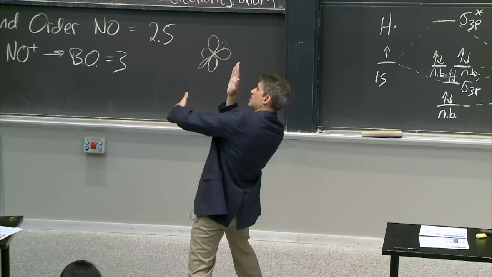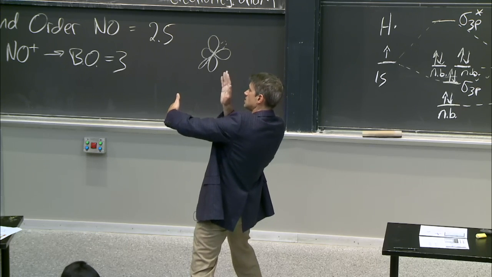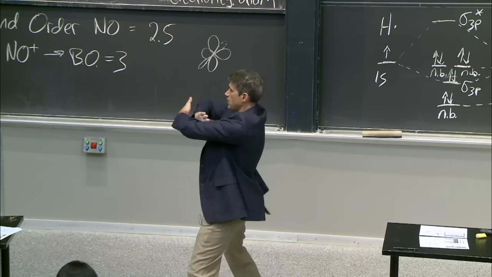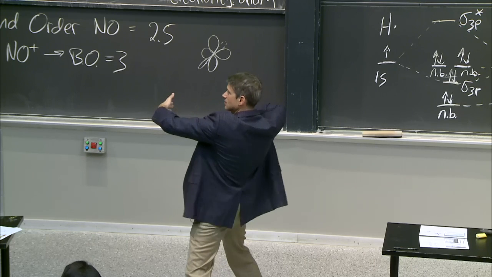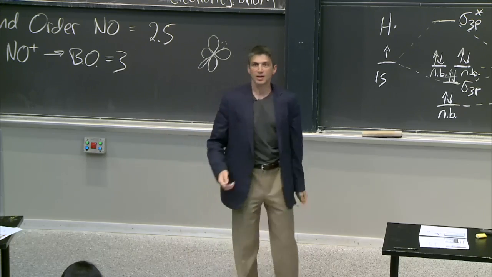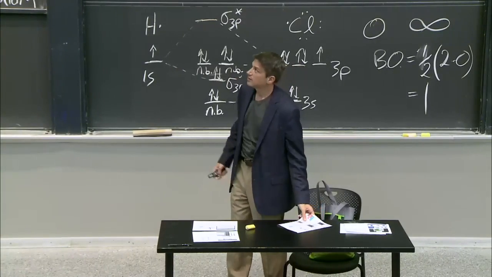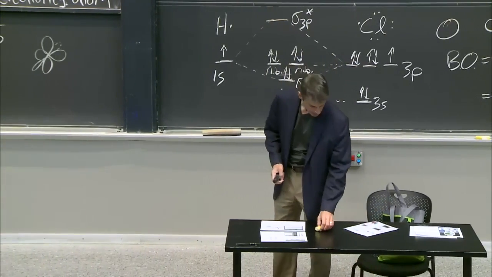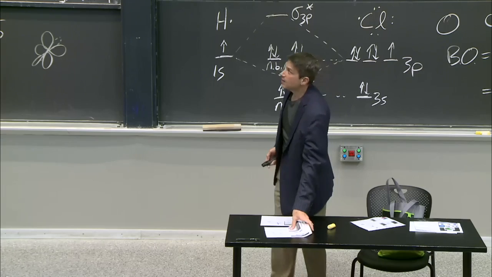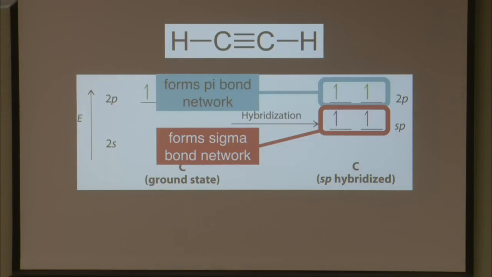And then the other atom has one like this and one like that, and when it sees those, it's like, hey, wait a second. If I do this, we can pi bond. The other ones are like this, and they pi bond, and so you get a carbon-carbon triple bond for C2H2 with sp hybridization. It forms a pi bond network and a sigma bond network.